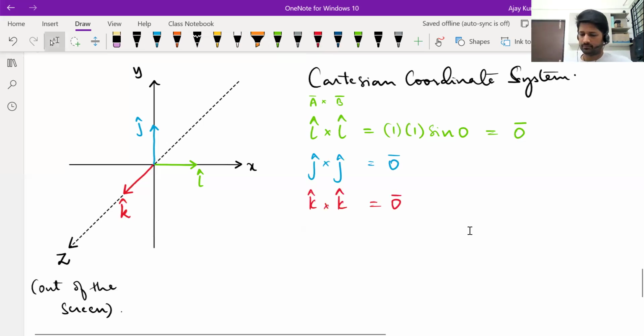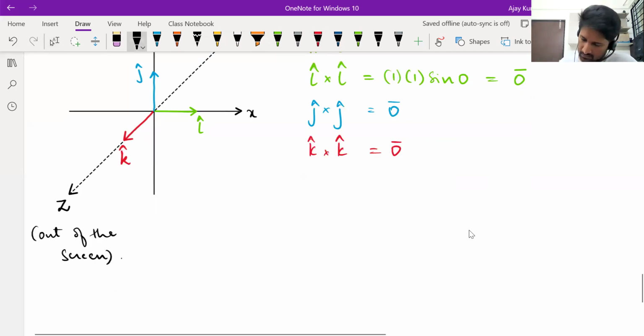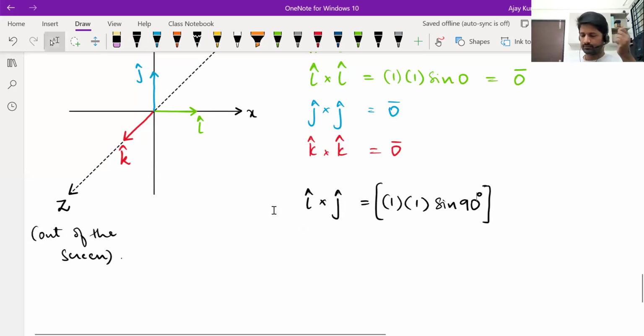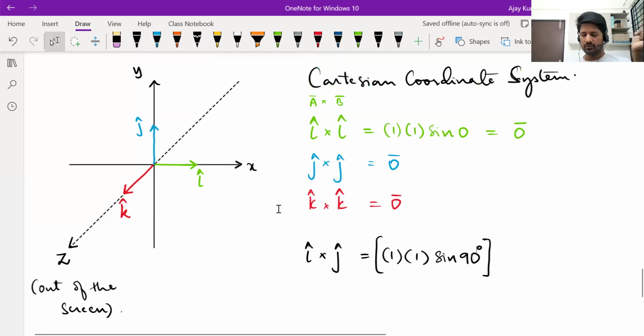Fine. Next, I cap cross J cap. I cap magnitude is 1, J cap magnitude is 1. I and J are perpendicular vectors, so the angle between them is 90. All this is fine. Now assign a direction to it. Rishi, you tell me what will be the direction of I cap cross J cap?